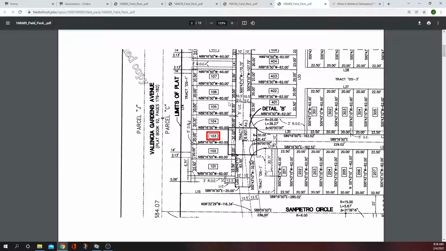This is all identical. So there's no proof that I'm on lot 103. So always, always, always look for block corners and intersections. Measure off of those down to your lot to prove that you're on the correct lot.